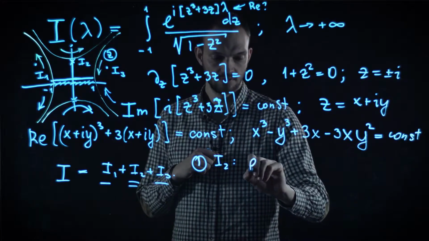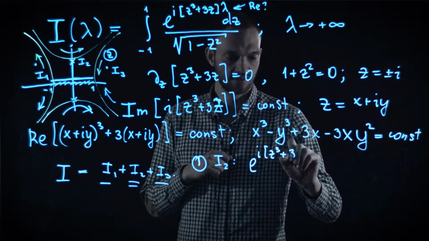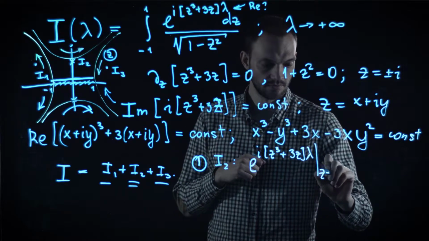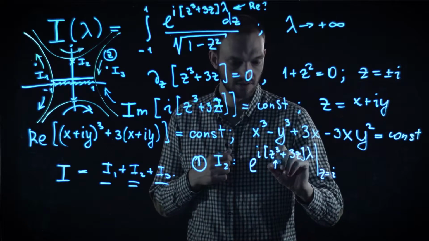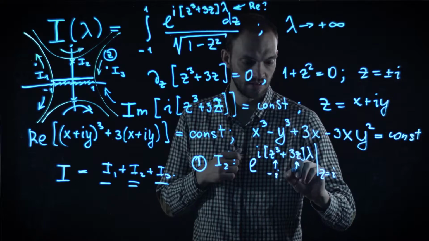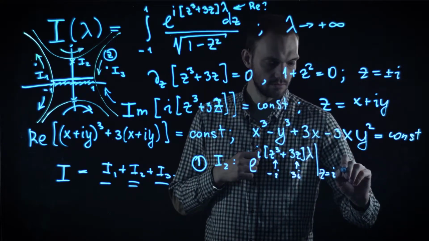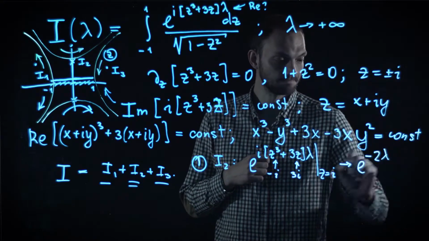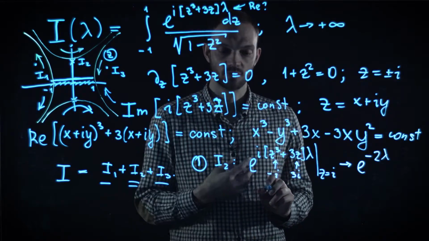In fact, let us take this z cubed plus 3z times lambda at the saddle point, and let us see what it becomes. So this is nothing but minus i, and this is 3i. So in total, this becomes exponent of minus 2 lambda.